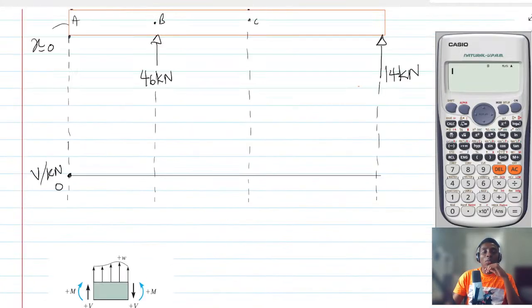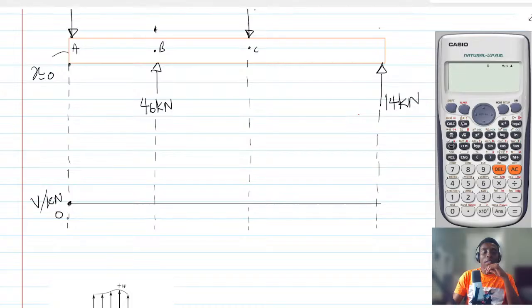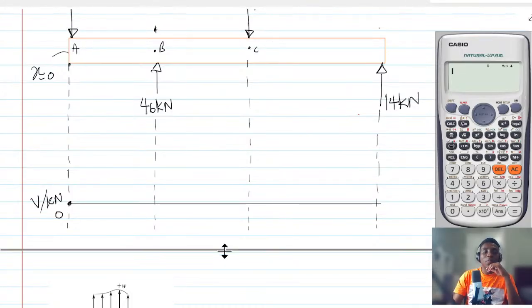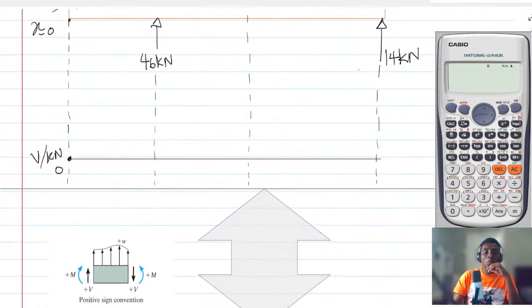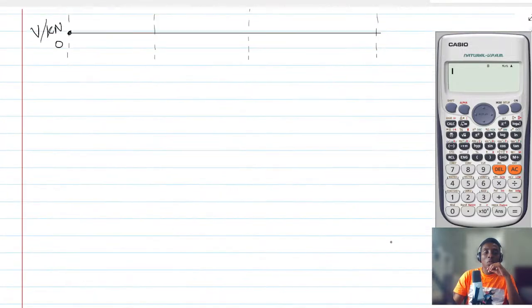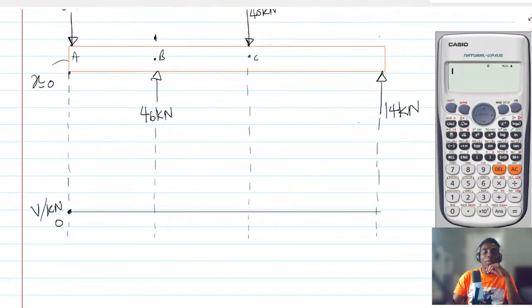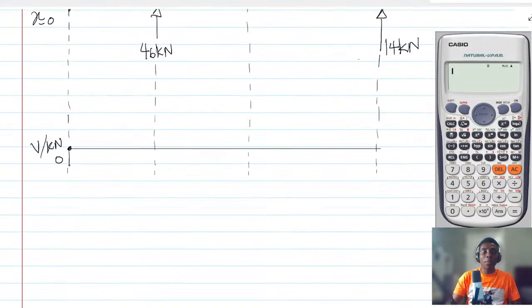So you come to the graph and then locate minus 20.